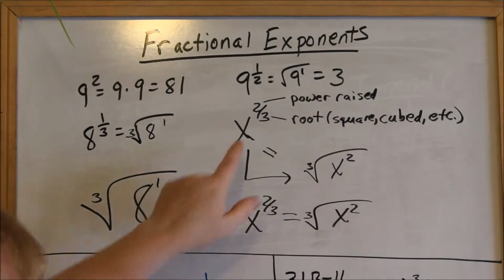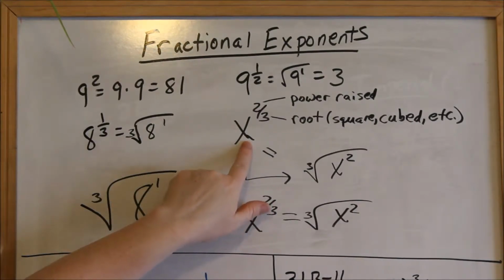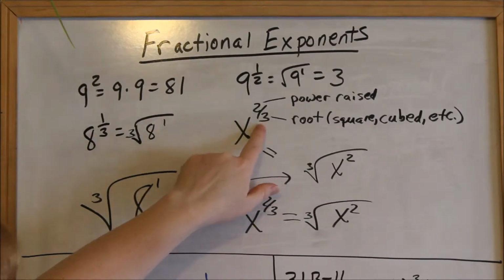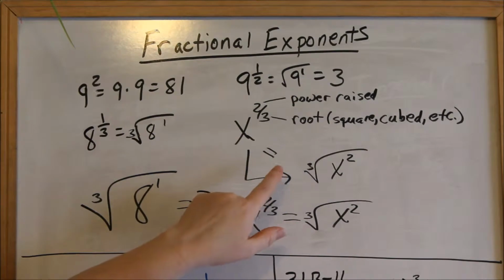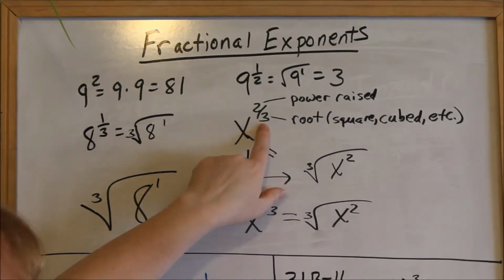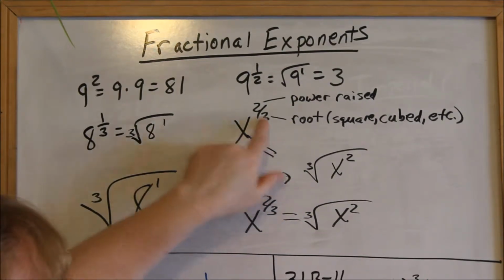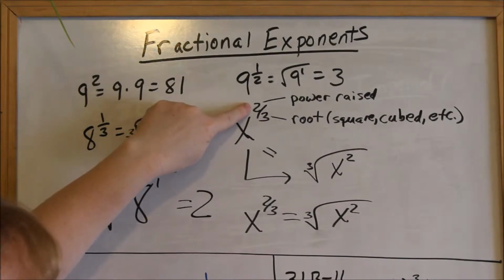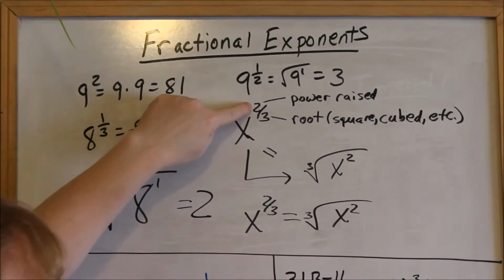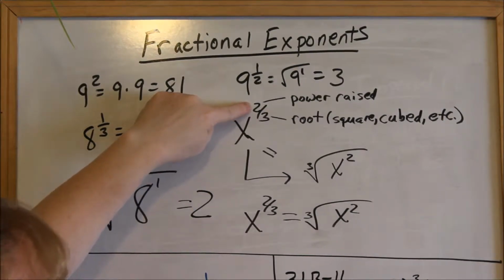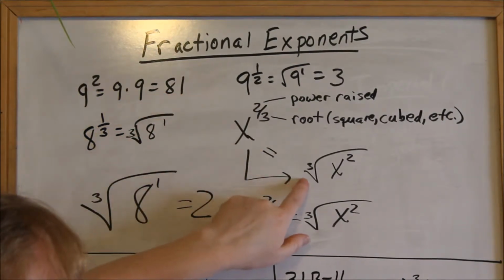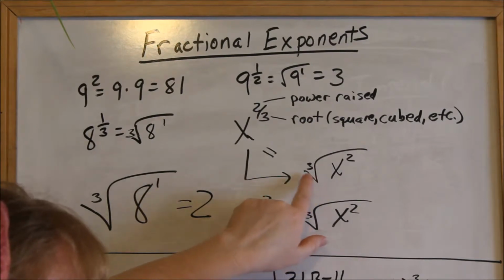So just to reiterate, if I didn't use any numbers and I just used letters like in algebra, x to the 2/3. The denominator tells you what root I am taking: square root, cube root, 4th root. In this case, I'm doing cube root. The numerator tells you what power you're raising it to. So I'm raising x to the 2nd power, x squared. If I want to rewrite this in radical form, I can rewrite it as a cube root with my radical and a 3 right there.